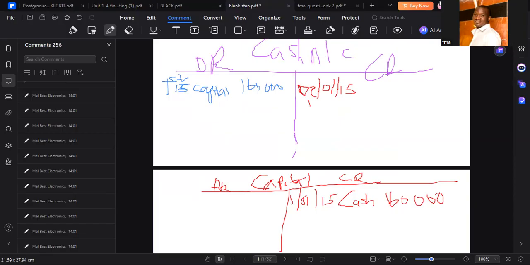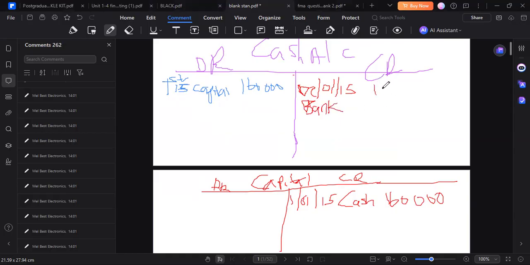So they're paying from the cash, it goes to the bank. How much? 145,000.